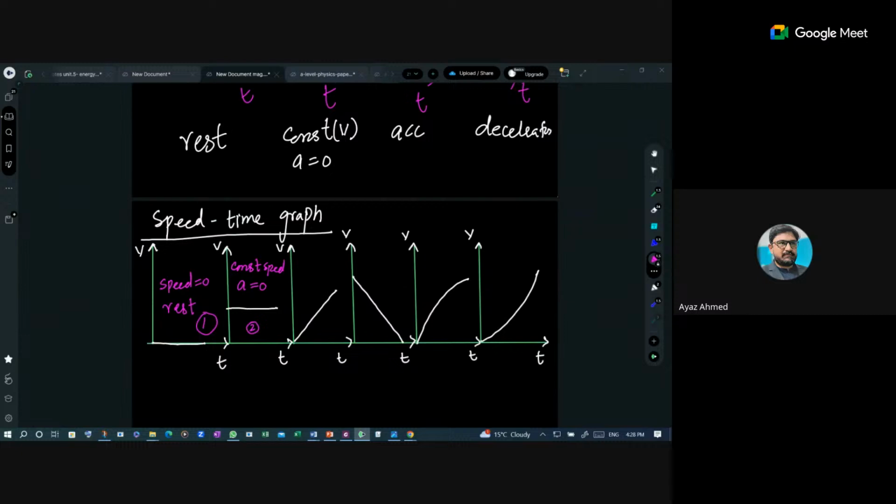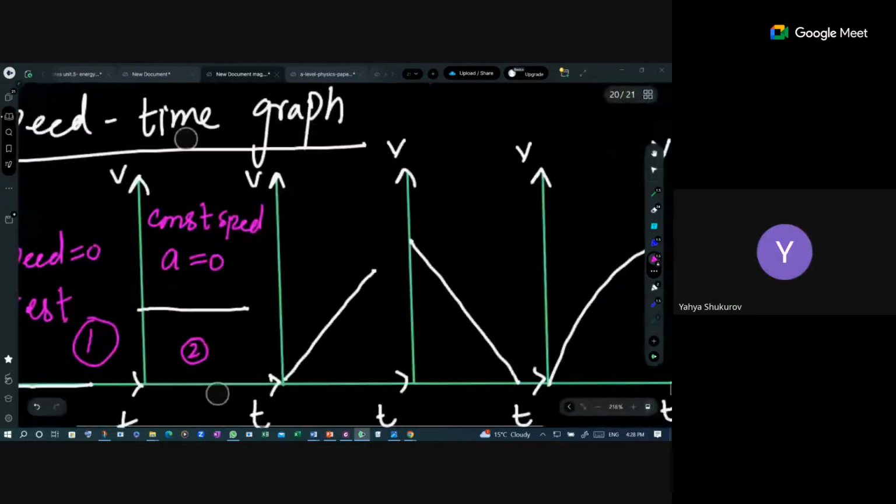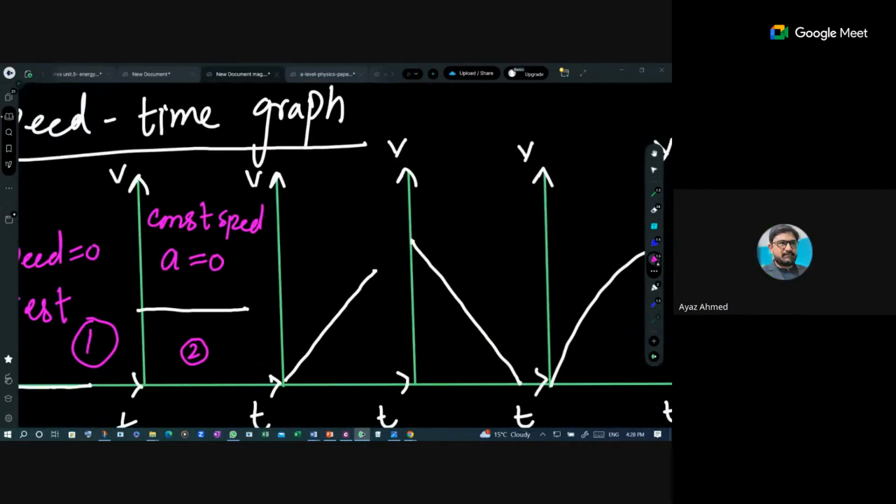Okay. Are you getting it? Okay. Now the third one is increasing speed. Increasing speed means acceleration.